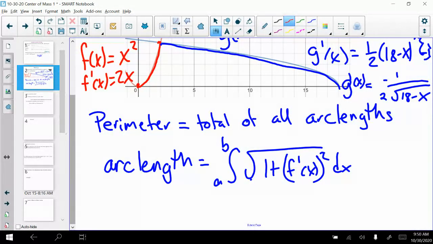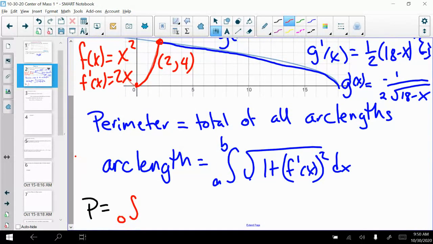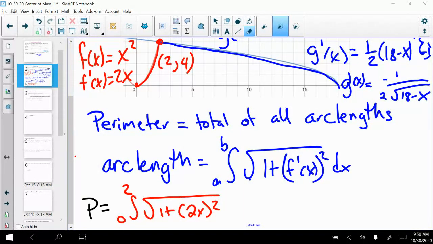So our arc length, or our perimeter, is going to be the integral from 0 to 2, since I made this nice point of intersection at (2, 4). From 0 to 2, we integrate that red line, so the square root of 1 plus (2x) squared dx.